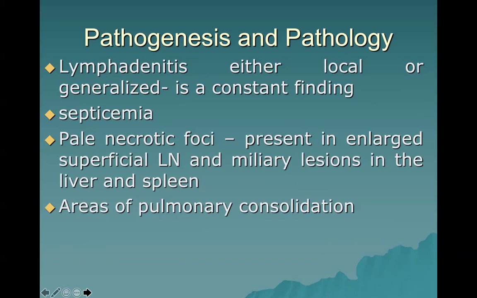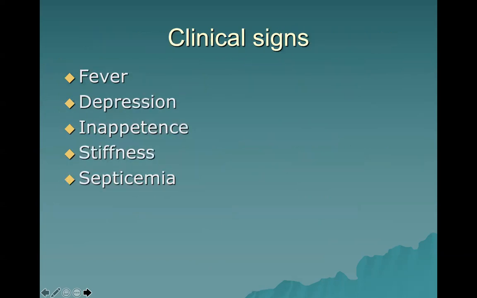Septicemia, pale necrotic foci present in superficial lymph nodes, and miliary lesions in the liver and spleen can be observed. There are also areas of consolidation in the lungs. Clinical signs are fever, depression, inappetence, stiffness, and septicemia.